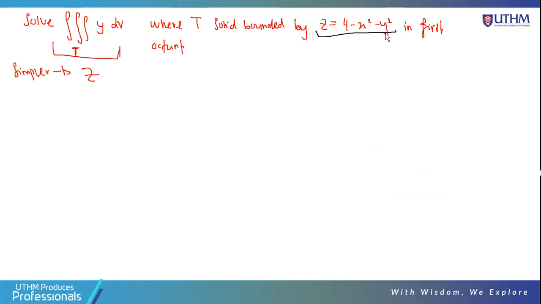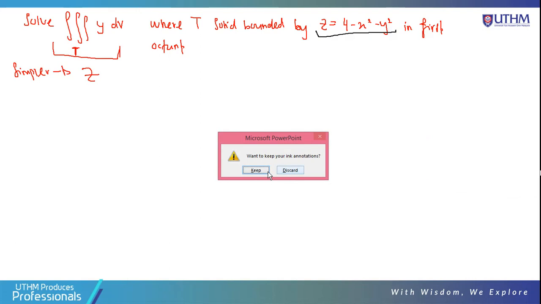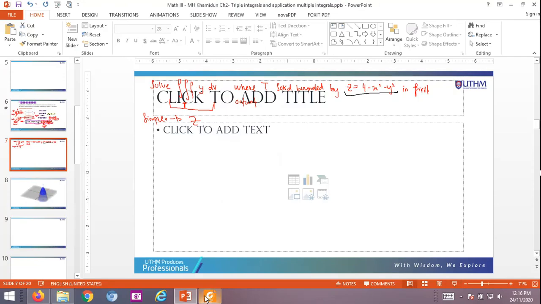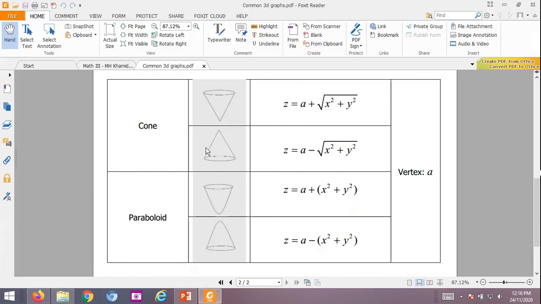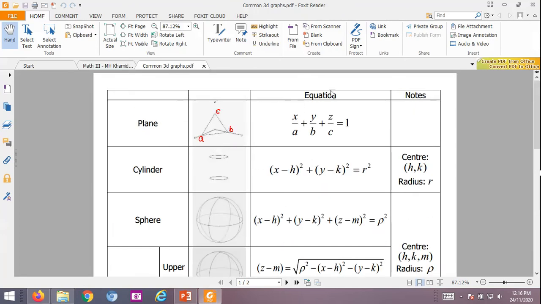Let's go back to chapter 1, where I shared with you the common 3D graphs. These equations or functions represent the 3D graphs.